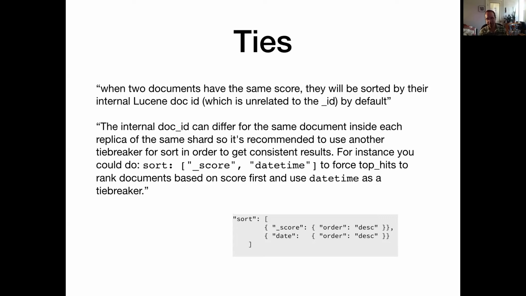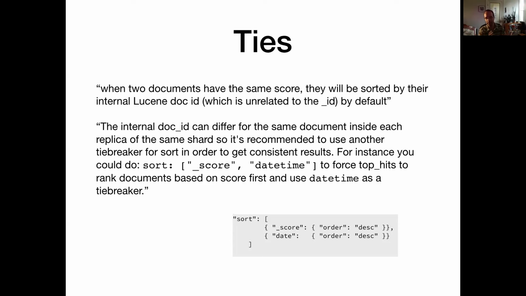Now, the interesting thing here is that this internal Lucene doc ID can differ for the same document inside each replica of a shard. So what that means is that if you execute multiple queries and they get routed to different replicas, you might see that the tied documents appear in different orders.